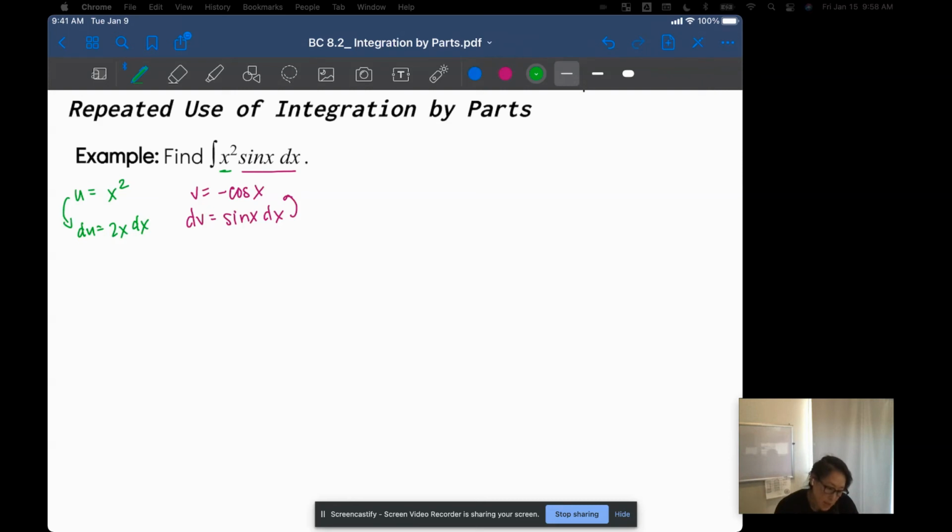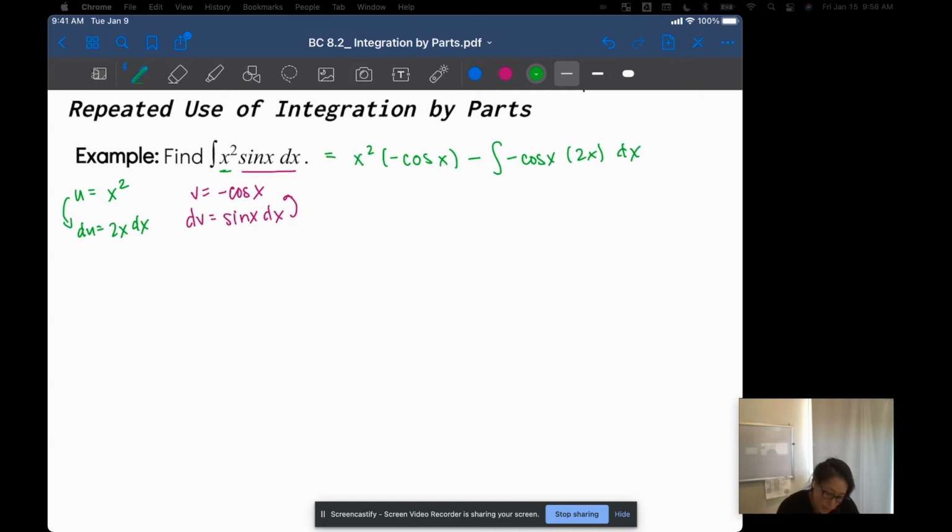Okay, so next up, this is equal to u times v. So u is x squared times negative cosine x minus the integral of negative cosine x times 2x dx.